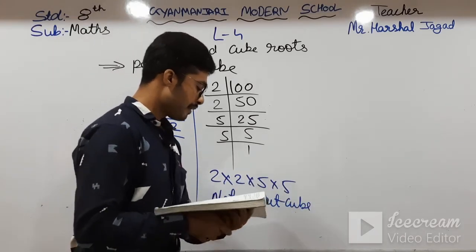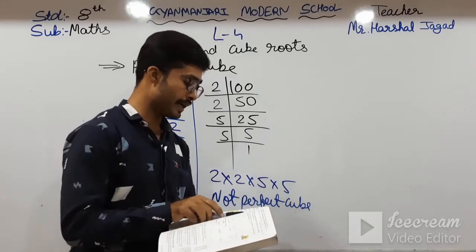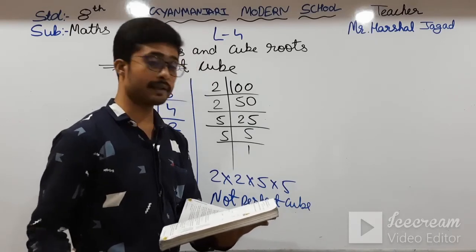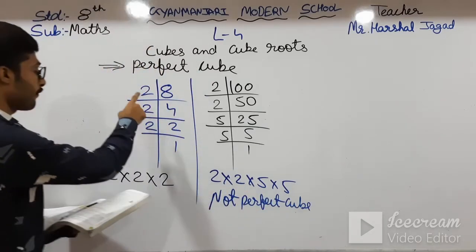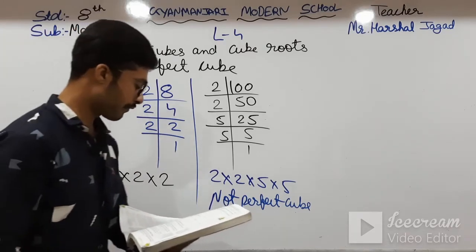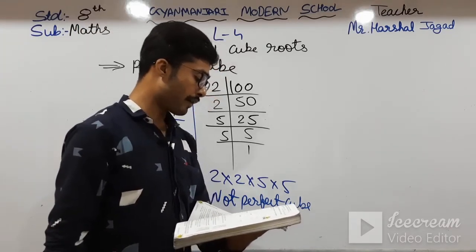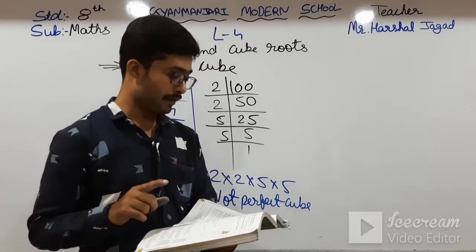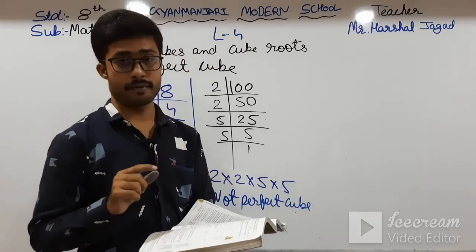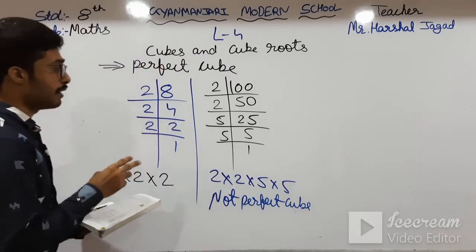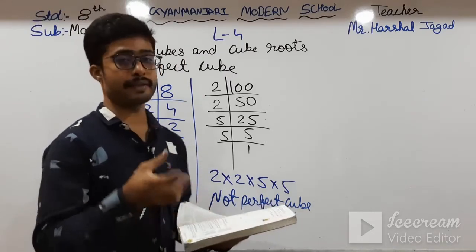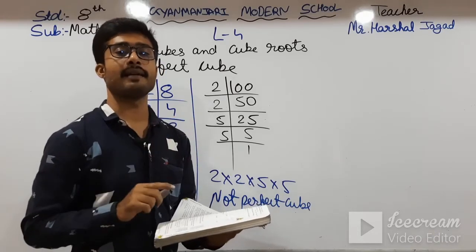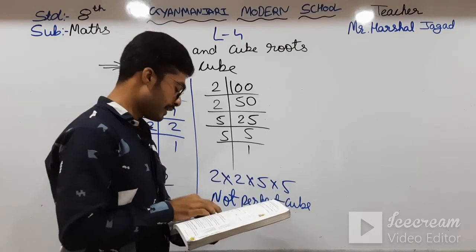See here. Now consider a number 8. This is obtained by multiplying 2 into 2 into 2. So, this is the perfect cube. Okay, 8 is a perfect cube. A perfect cube or a cubic number is a number obtained by multiplying a number by itself 3 times. Okay, students.